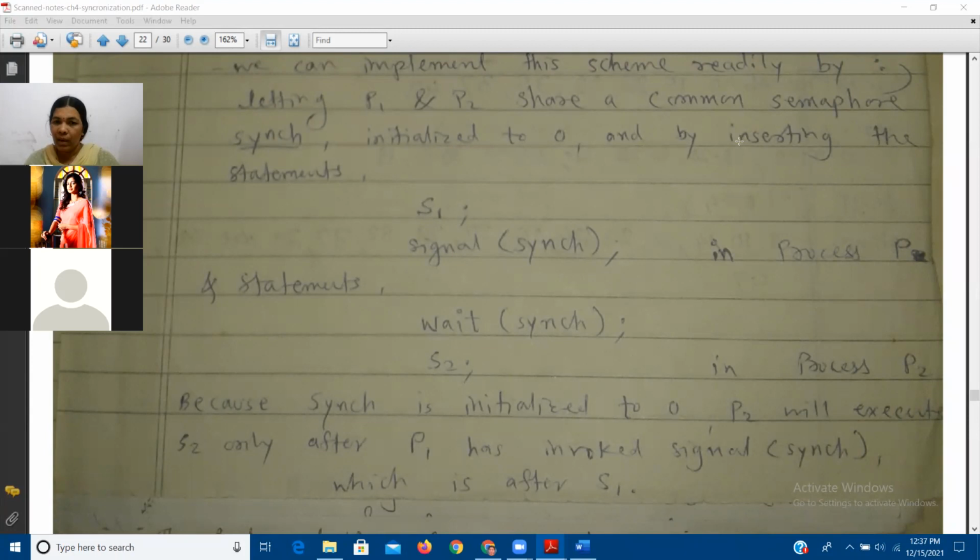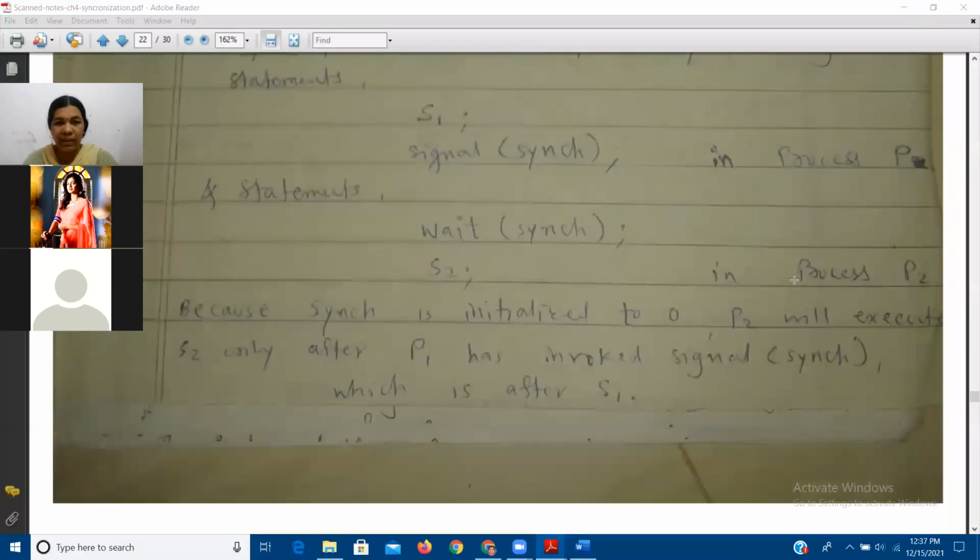Whenever P1 gives the signal, in the sense that the sync variable is released by P1, only then is P2 able to use that variable. That's why P2 has to wait. Okay, so this is about signal and wait operations.